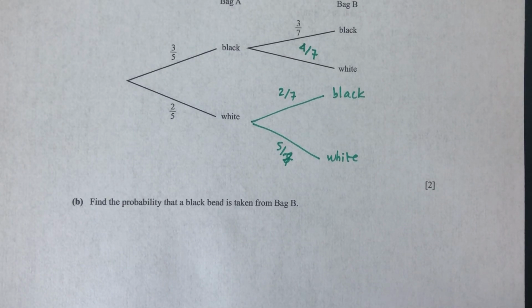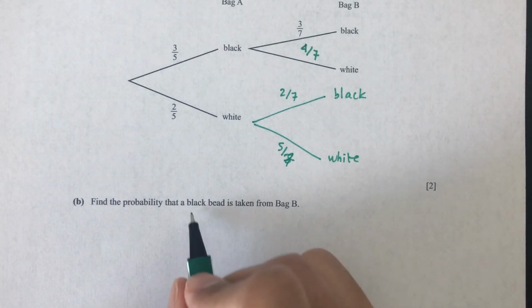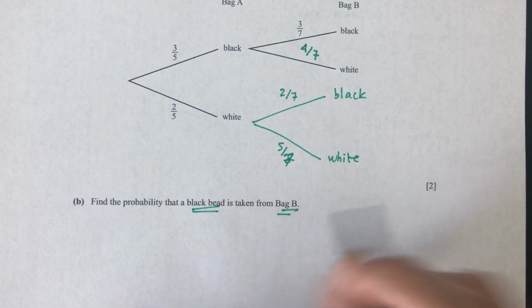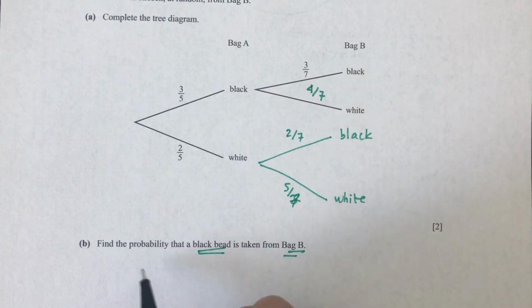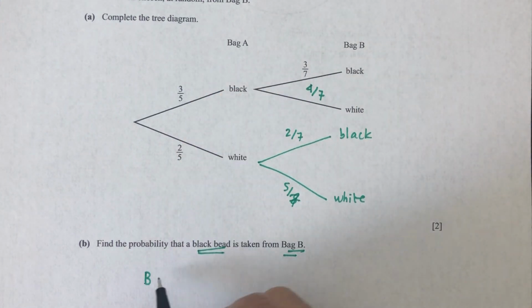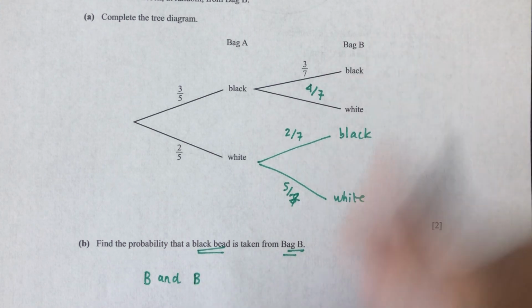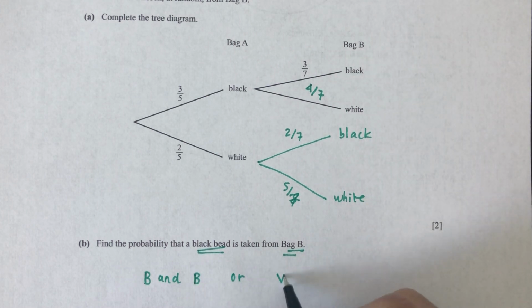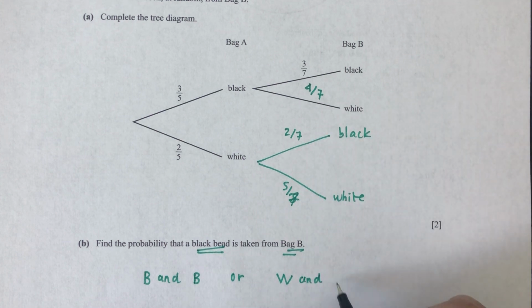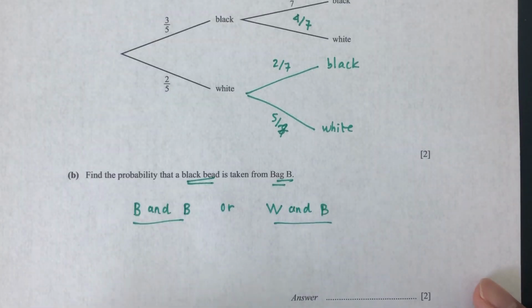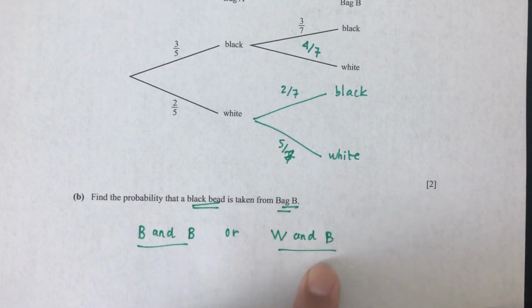Find the chance that a black bead is taken from bag B. There are 2 ways we can take a black bead from bag B. The first option is we take a black from bag A and a black from bag B, or we take a white from bag A and a black from bag B. So 2 options. Let's find the chances of those options.